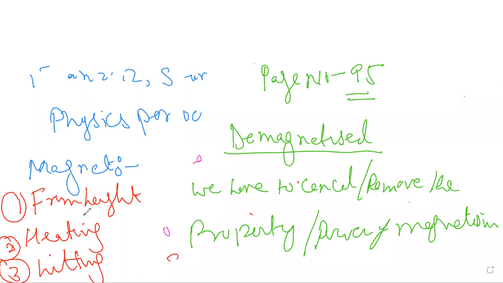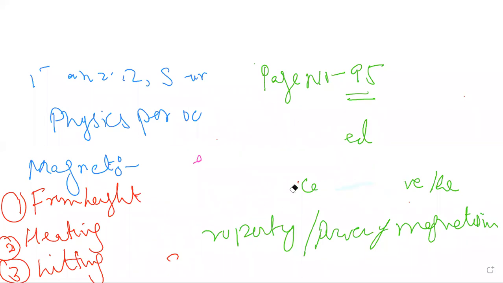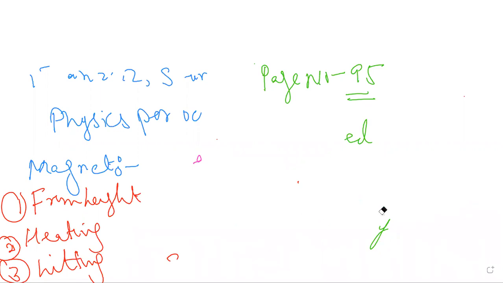In this way, gradually its property is decreasing, and finally very little or no property is left in that magnet. These are small activities. If you have a magnet at home, do these things, so you can also have a practical demonstration of how we demagnetize a thing.